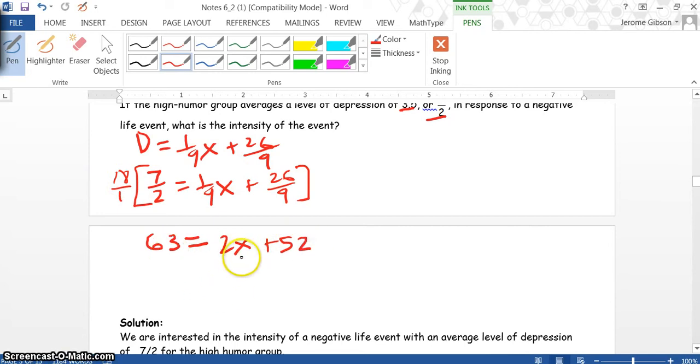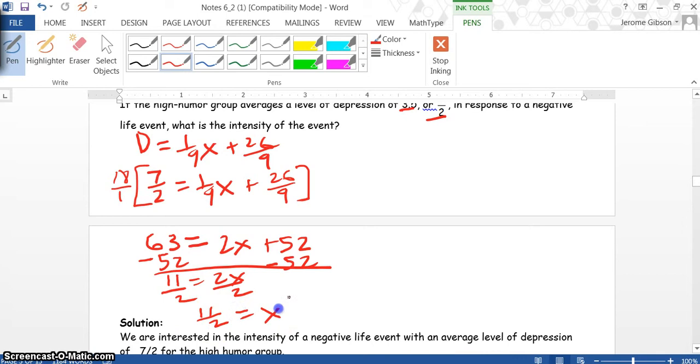Now we need to get x by itself, so we can subtract 52 on both sides. 63 minus 52 is 11, and that equals 2x. We can divide each side by 2, and our final answer is 11/2 is equal to x.